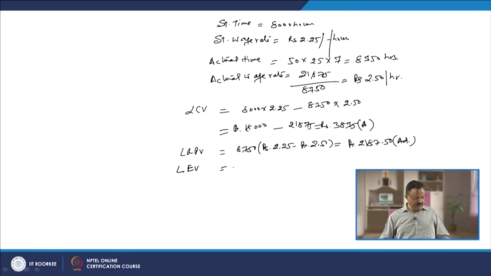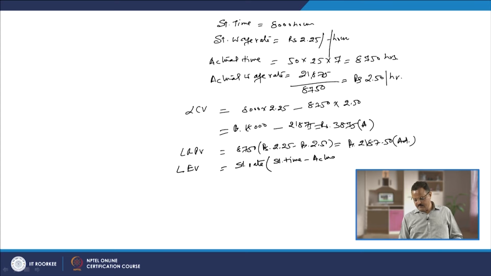So, what is the formula for calculating the labor efficiency variance? That is the standard rate into standard time minus actual time. Now what is the standard rate here?